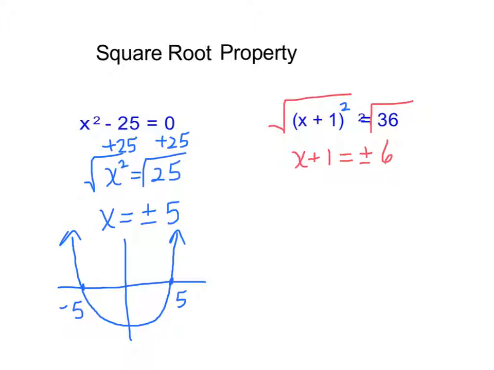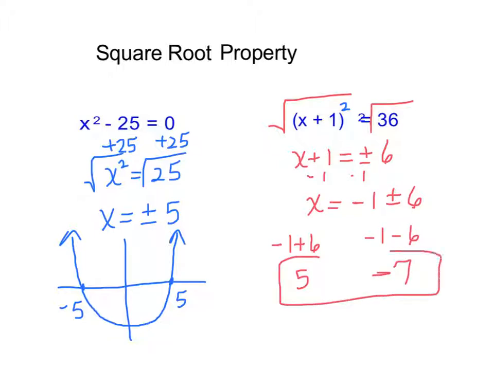Okay, I'm not quite done because I'm going to subtract 1 from both sides. And I have x is equal to negative 1 plus or minus 6. Right, so that yields me two answers, negative 1 plus 6, which is 5, and negative 1 minus 6, which is negative 7. And these are my two answers.